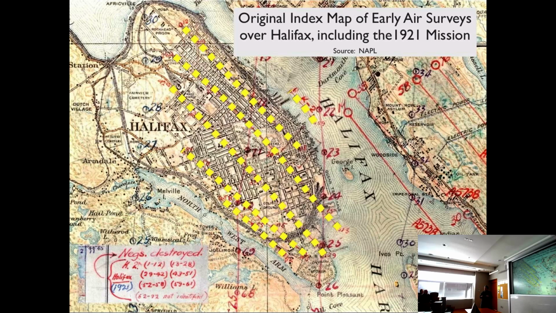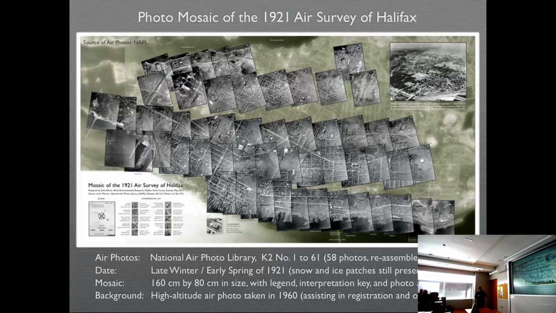I got the first batch, and I was curious if there might be more, and I've had the second batch digitized to then produce in a digital fashion this air photo mosaic of the entire survey, which comprises 61 photos. I've only used 58 because 3 of them were over the harbor and just showed water, so I didn't include them. They are located at the Air Photo Library in Ottawa.